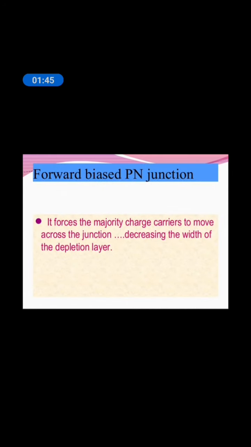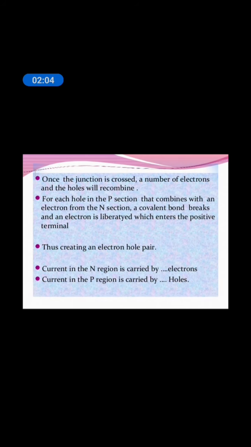Forward bias PN junction. It forces the majority charge carriers to move across the junction, decreasing the width of the depletion layer. In the forward bias, the depletion layer width decreases. Once the junction is crossed, a number of electrons and holes will recombine.